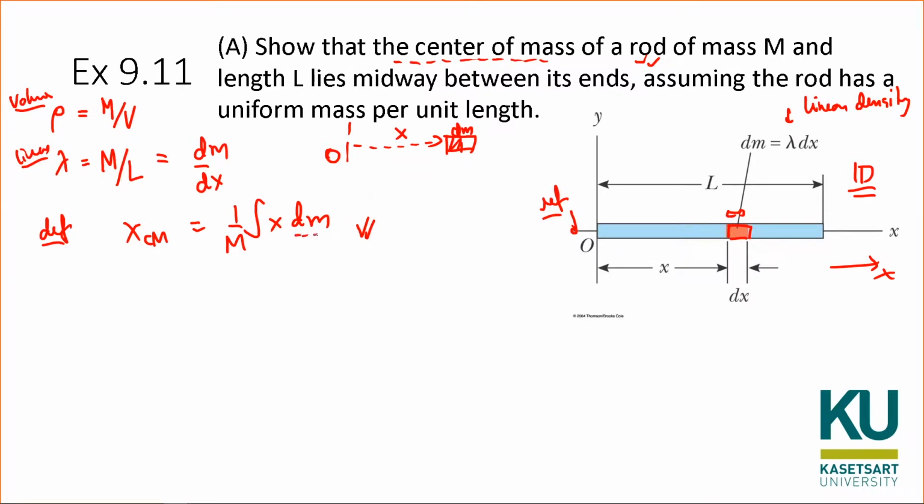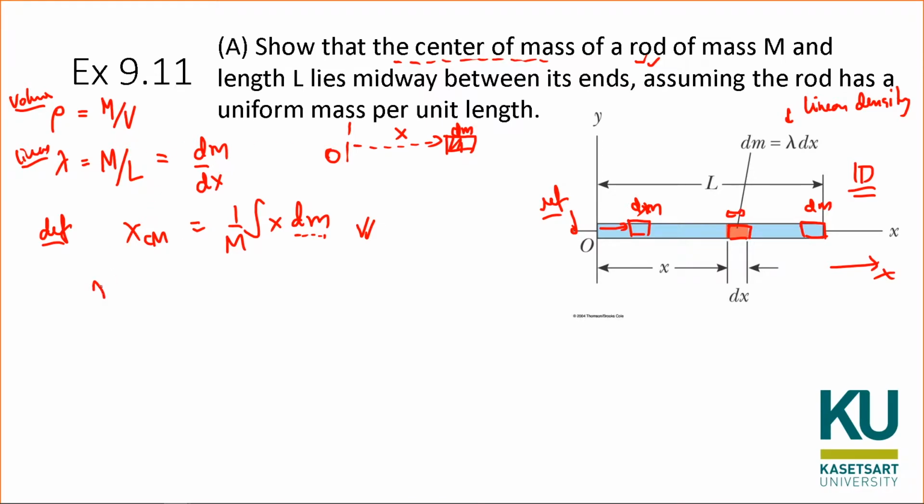However, you still have dm, and this is x. x is not a constant, x is a variable. If you quantify dm on this part, x is quite short. If you quantify dm over here, x is quite long. So x is variable, and dm has some relation with dx.